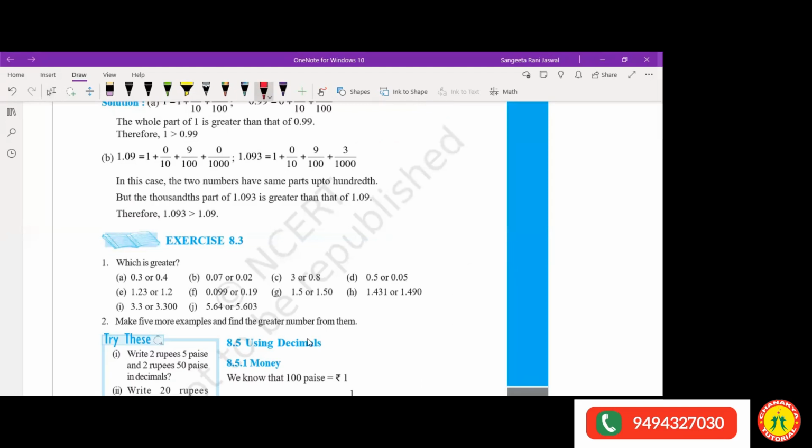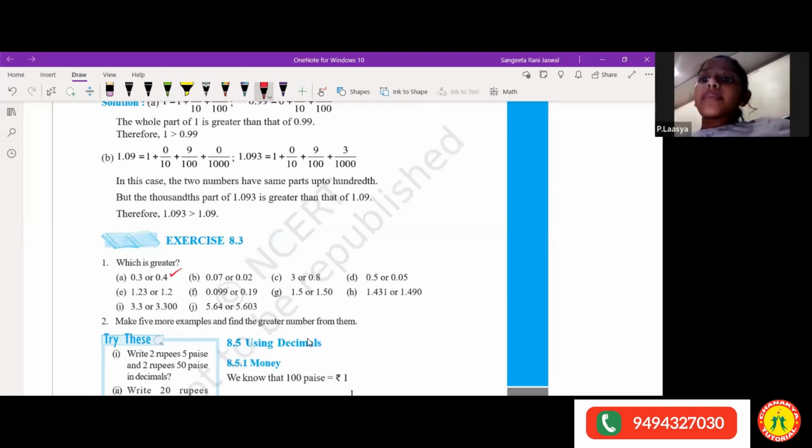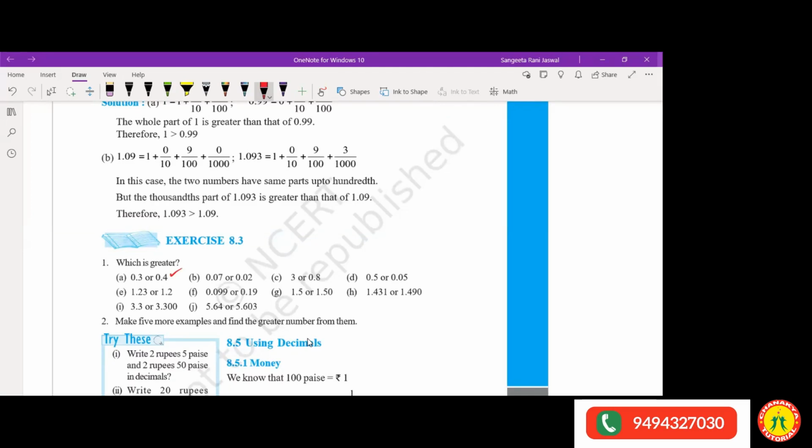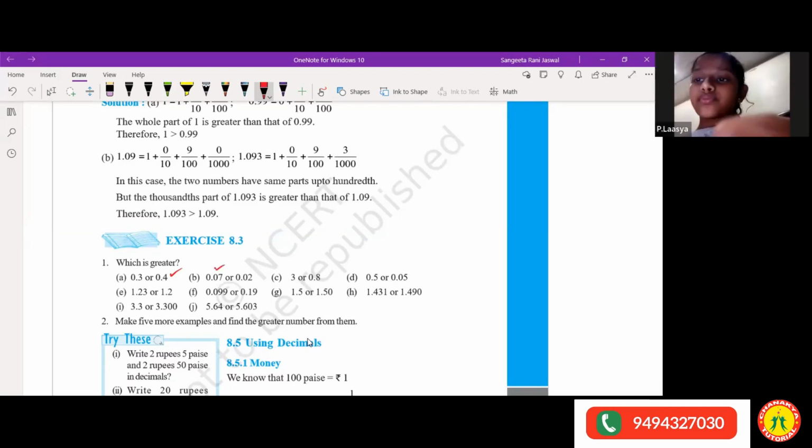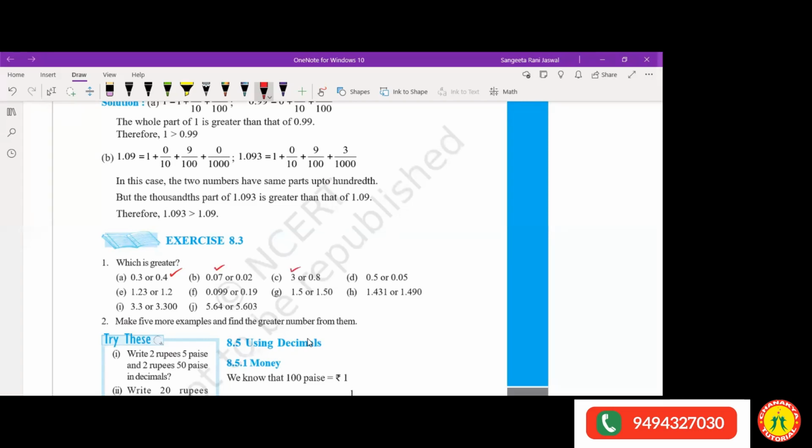Now 0.07 or 0.02? 0.07, ma'am. Now 3 or 0.8? 3, ma'am. 0.5 or 0.05? 0.5, ma'am. Very good. Because in the tens place we have 5 here, and we always compare the place first.